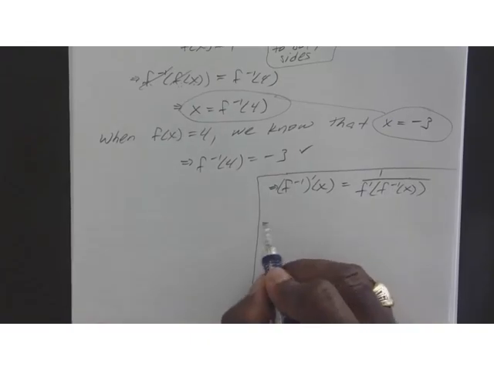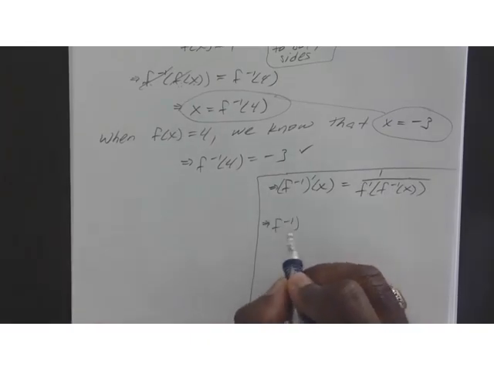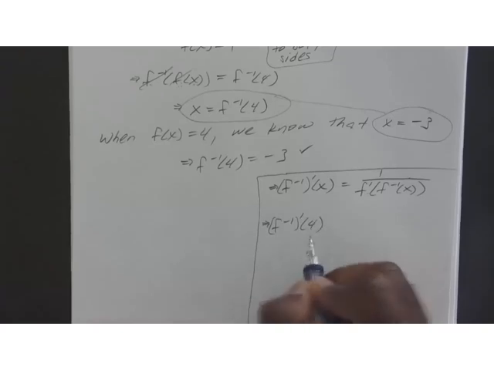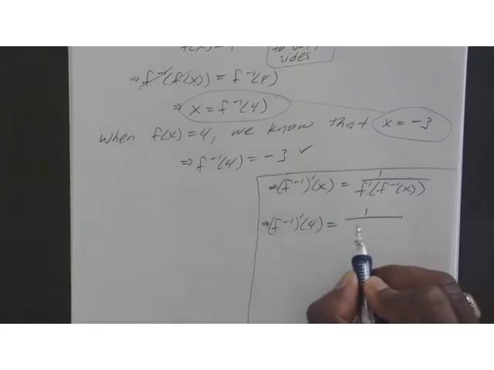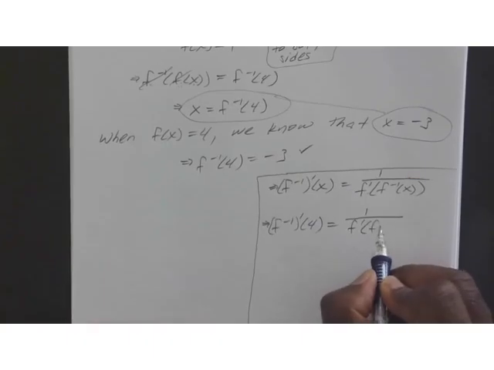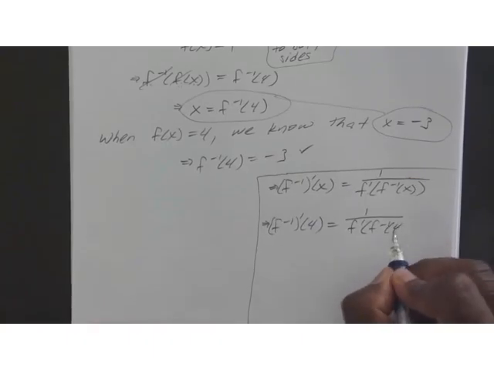Well, we're looking for f inverse prime of 4. So that means that f inverse prime of 4 is equal to 1 over f prime of f inverse of 4.